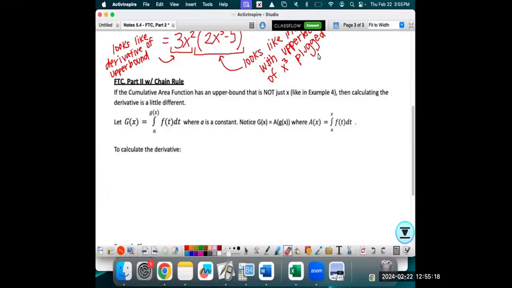If I have an area function, let's just call it A of g of x. If I go to take the derivative of that, all right, you know what? Let me write this down here. Hold on.